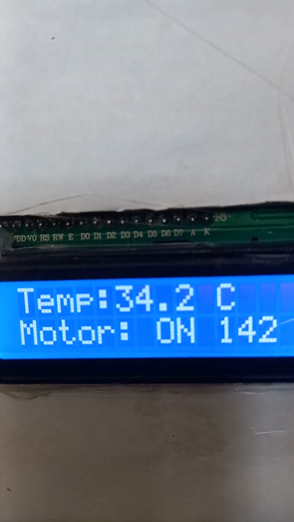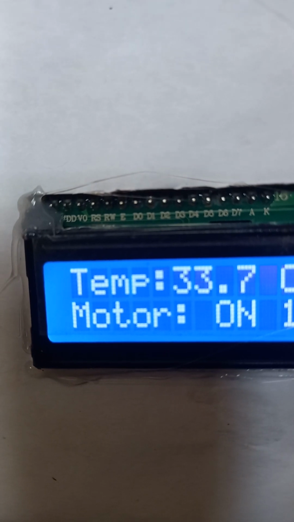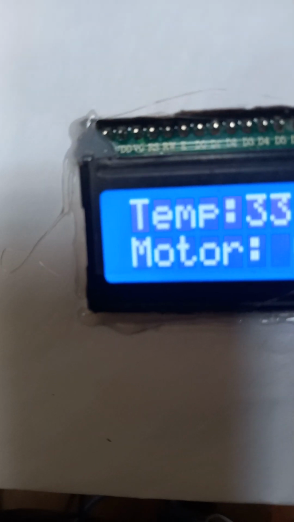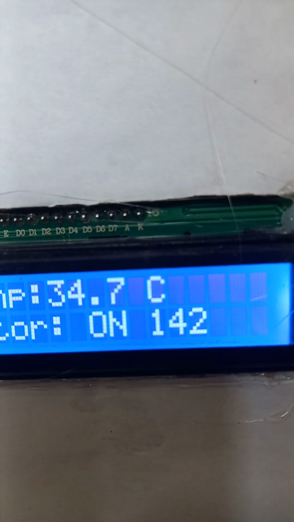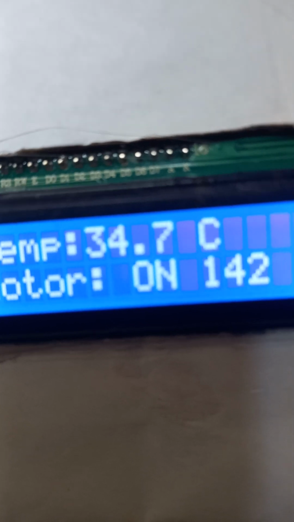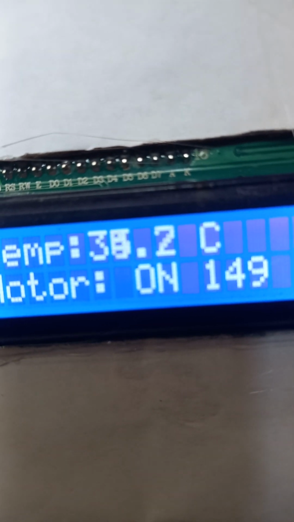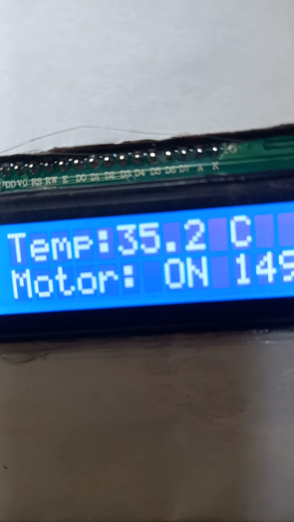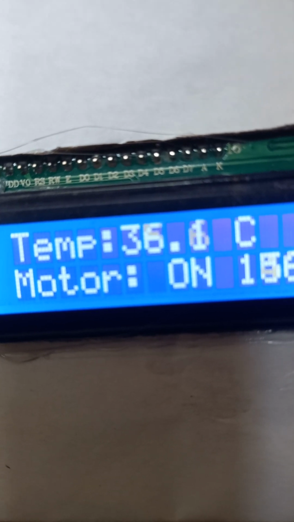Our temperature is 34 degrees Celsius. It is 149. The temperature now is 35.